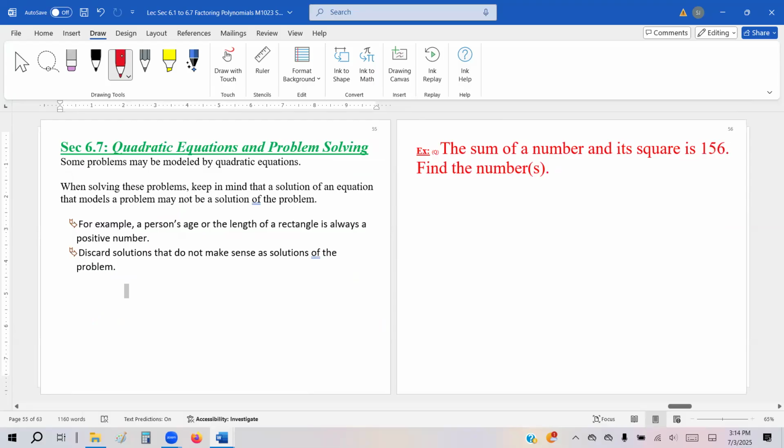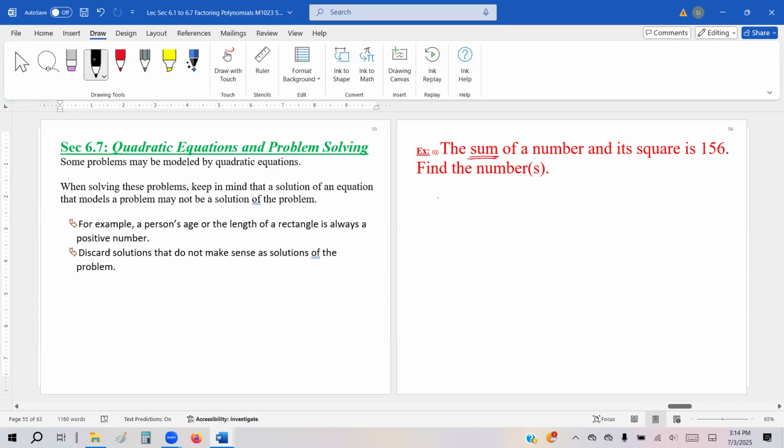Let's say you're trying to have fun. The sentence says the sum of a number and its square is 156. What is that number? So we have 2 things. Sum means what? Plus, minus, multiplication, division.